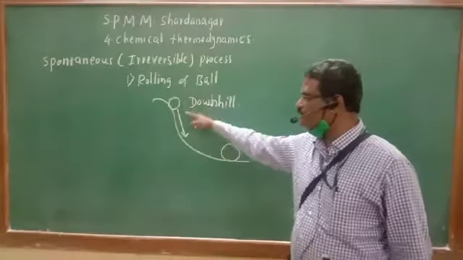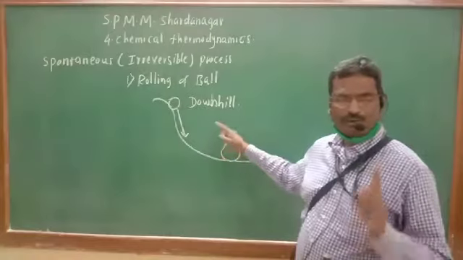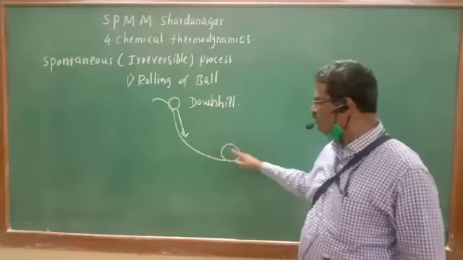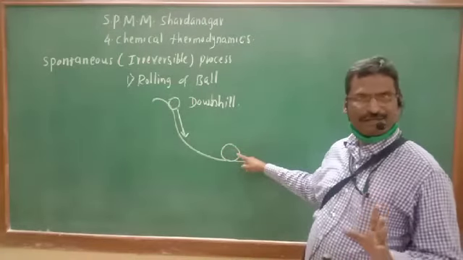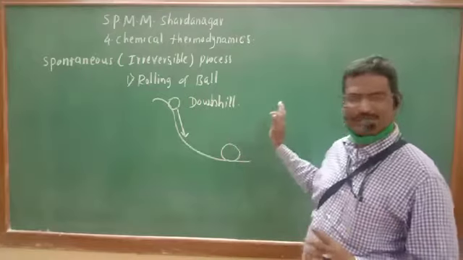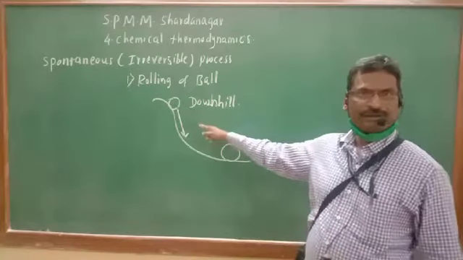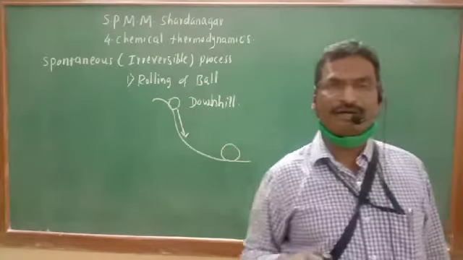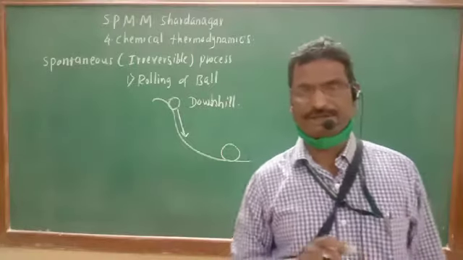It is taking place in only one direction. Once the ball comes over here, it will be stable. Further rolling is not possible because the ball has maintained the equilibrium position.